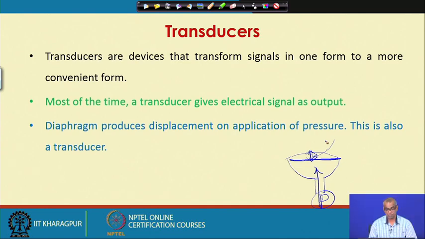So, output signal is different from input signal, and the diaphragm gauge or a diaphragm is a transducer. It is not necessary that the output of the transducer will be electrical signal, but since electrical signals are more convenient, we will prefer transducers to produce electrical signal for us.